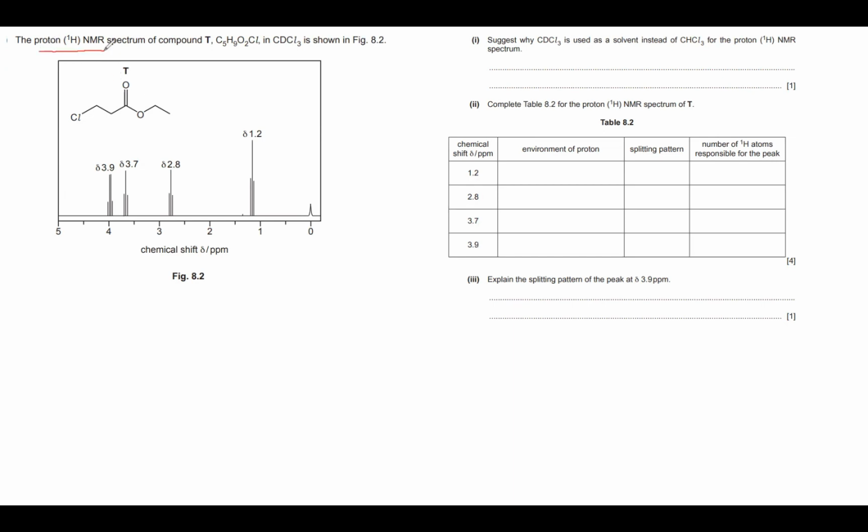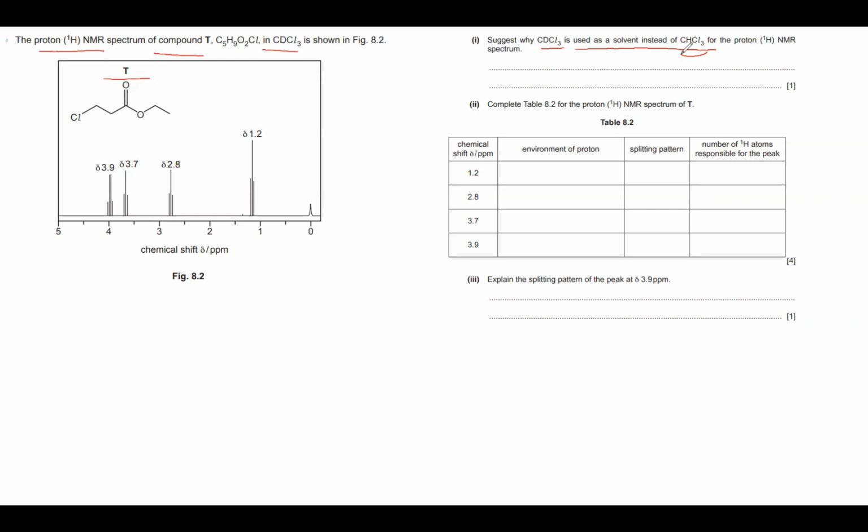The proton NMR of compound T is shown here. It's dissolved in CDCl3. So here we have this compound and its H-NMR. The first question is, suggest why CDCl3 is used as solvent instead of CHCl3. We know, guys, any hydrogen in hydrogen NMR will give a peak.